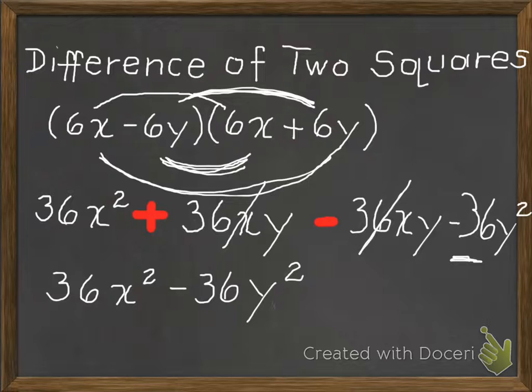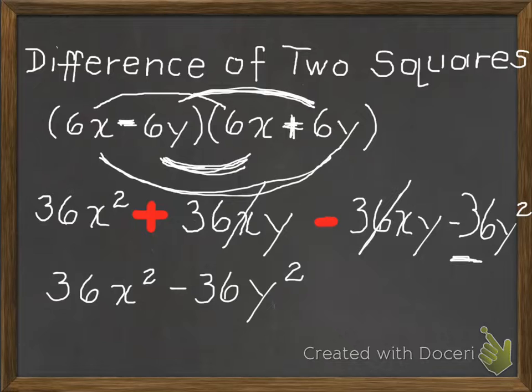So why again did that middle term drop out? Because these two binomials were exactly the same with opposite signs here, and so this outer product plus this inner product resulted in opposite signs, which canceled out that middle term.